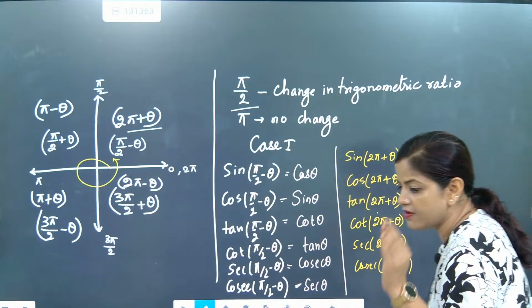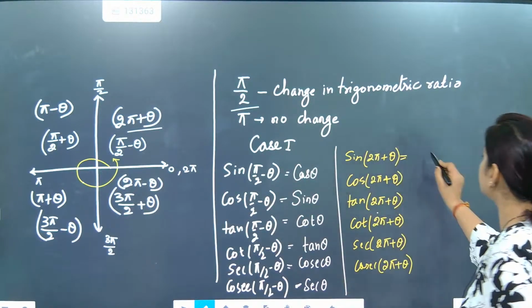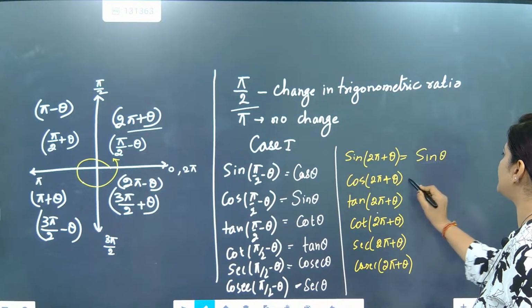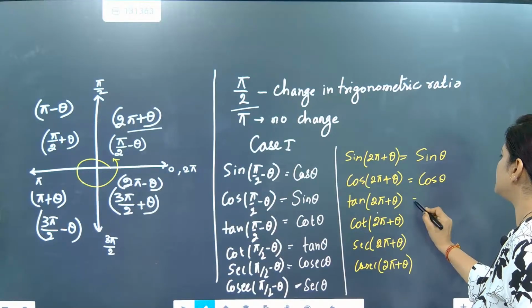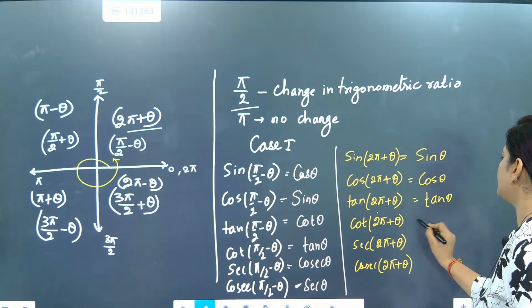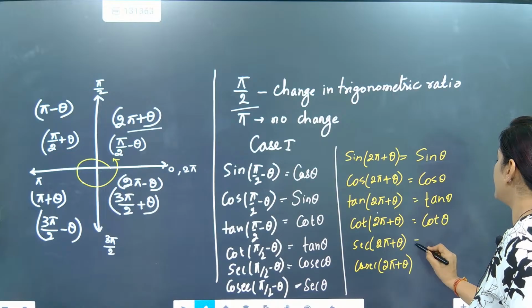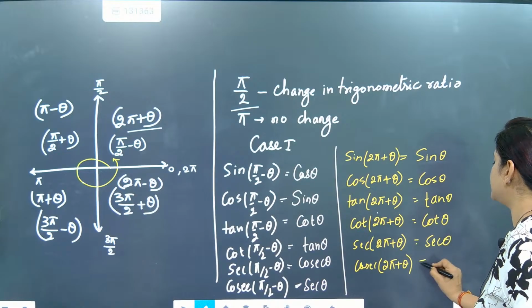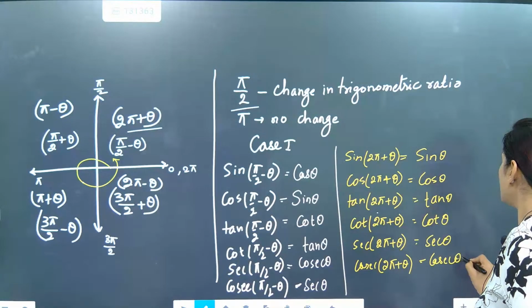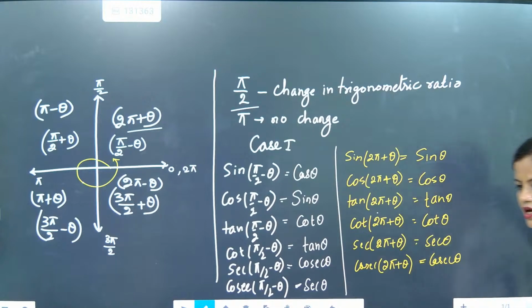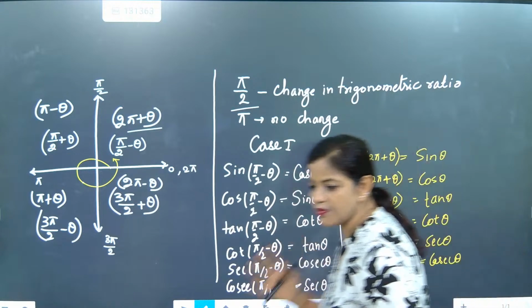For an even one, it will remain the same. So sine will become sine theta, cos will become cos theta, tan will become tan theta, cot theta will be cot theta, secant theta will be secant theta, cosecant theta will be cosecant theta. So there is no change.